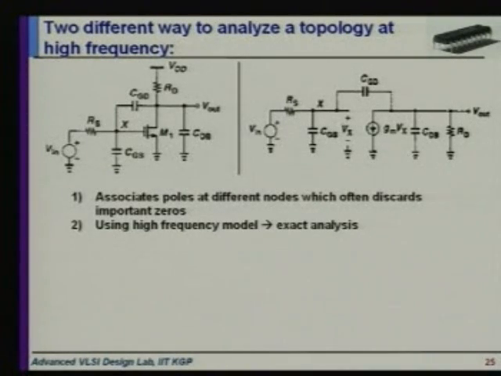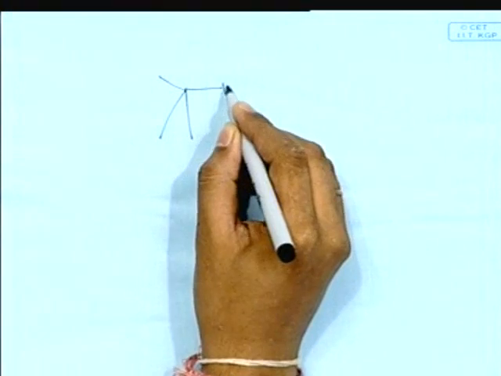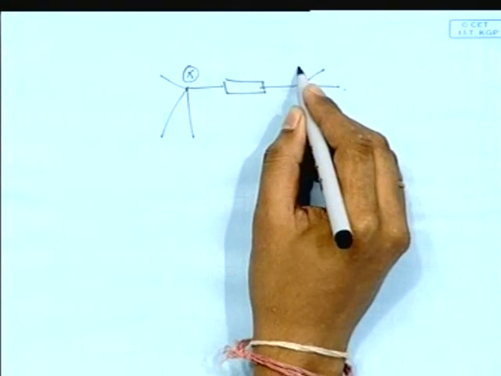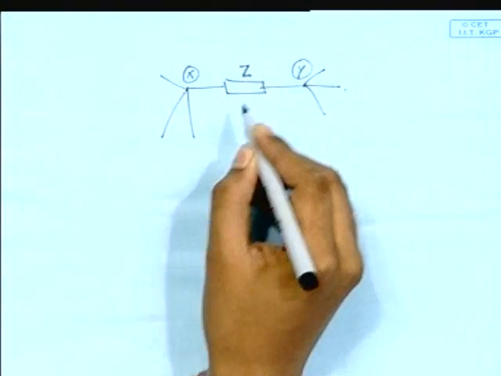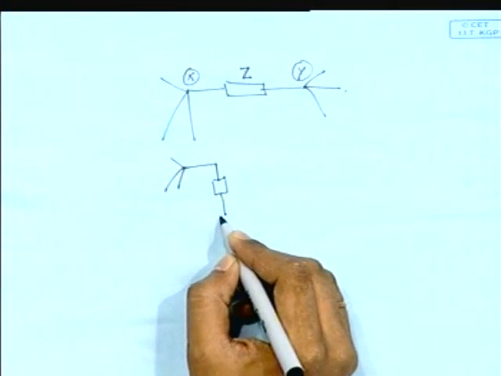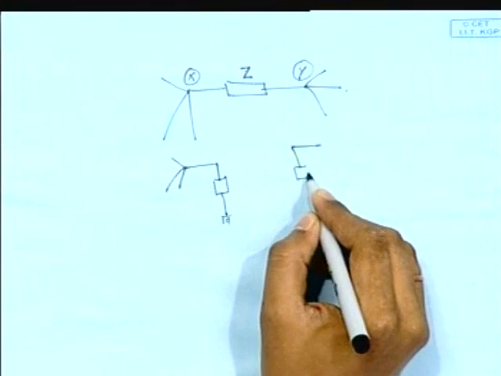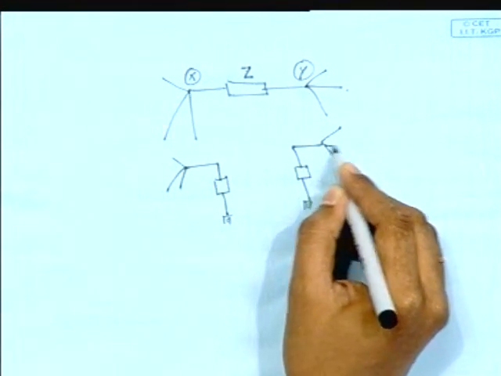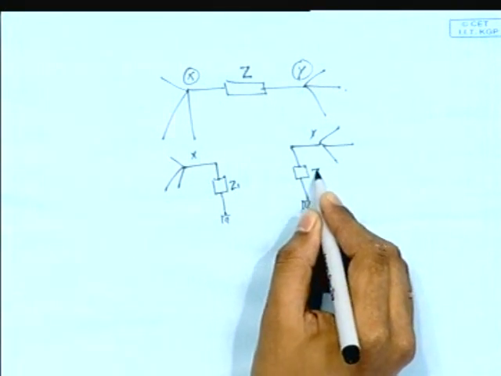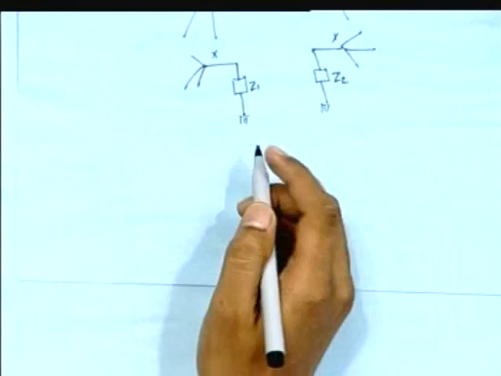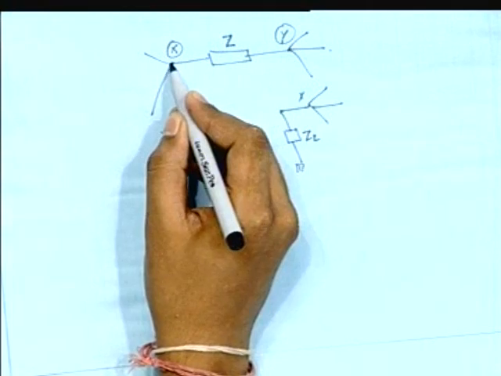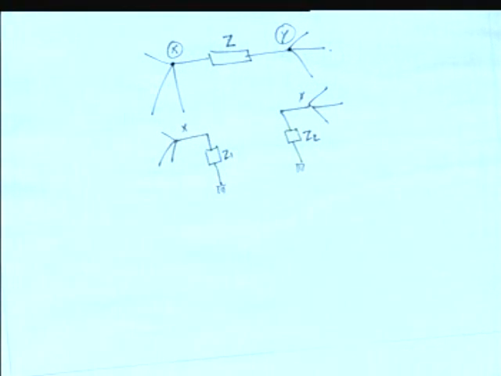Firstly, take this. From the circuit theory point of view, there is a node between these two, that is X and Y, and there is an impedance, that is Z.